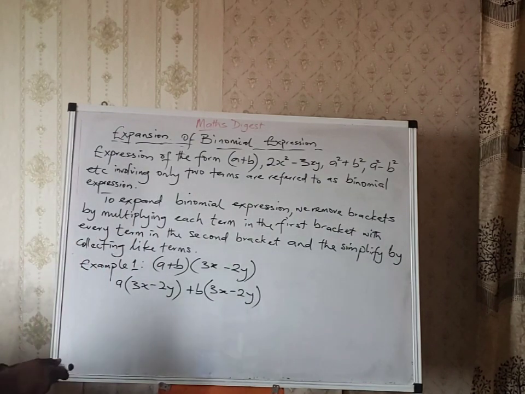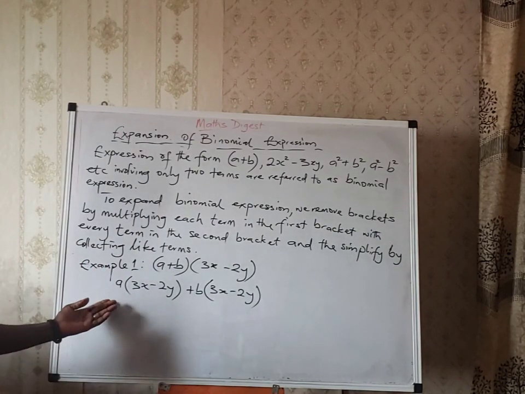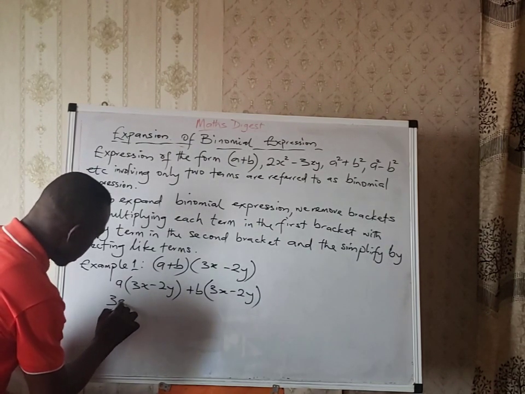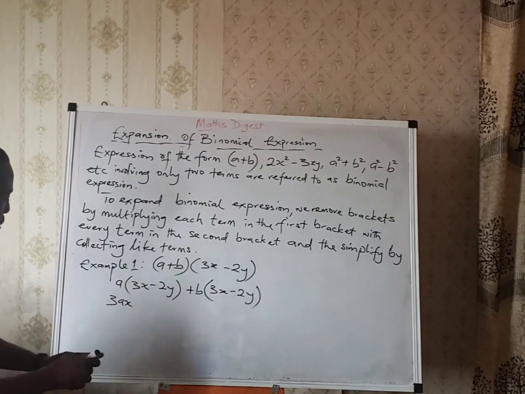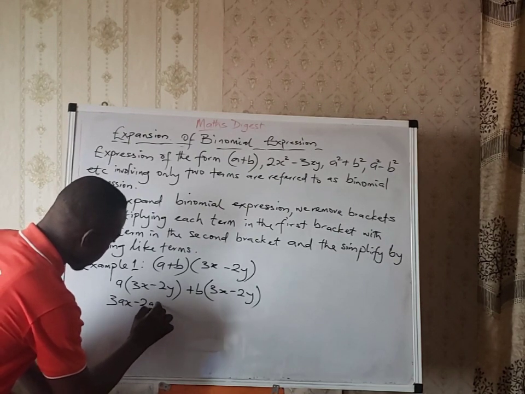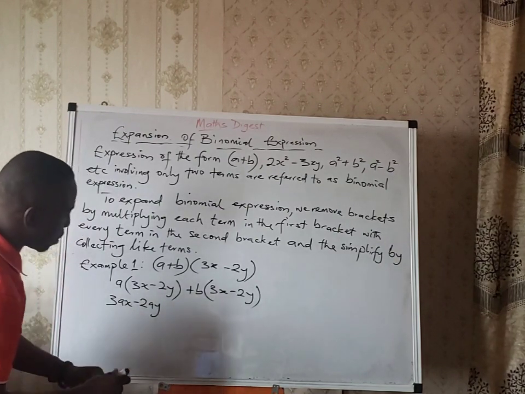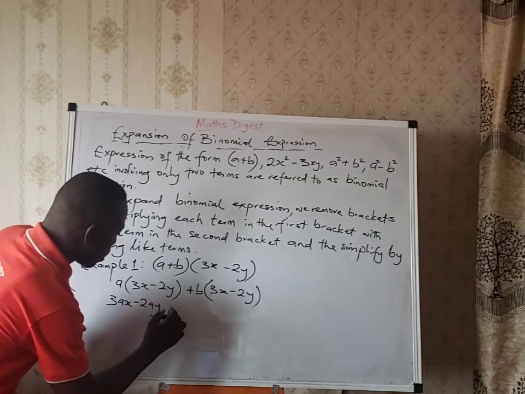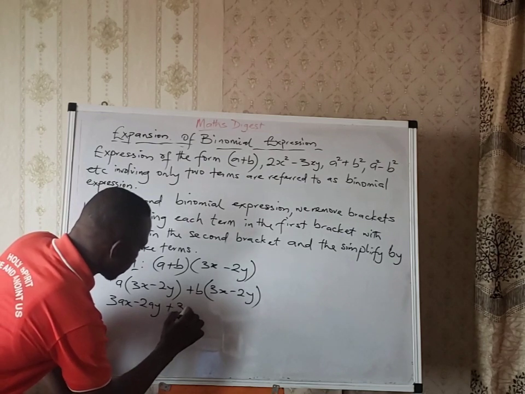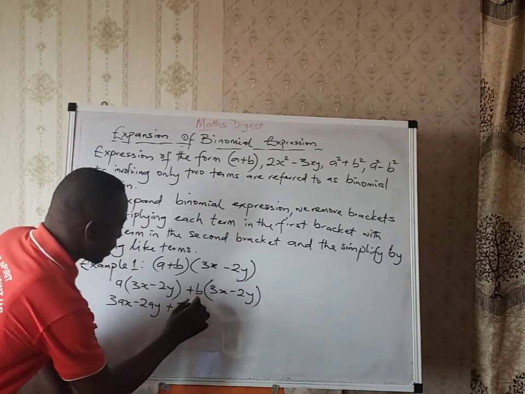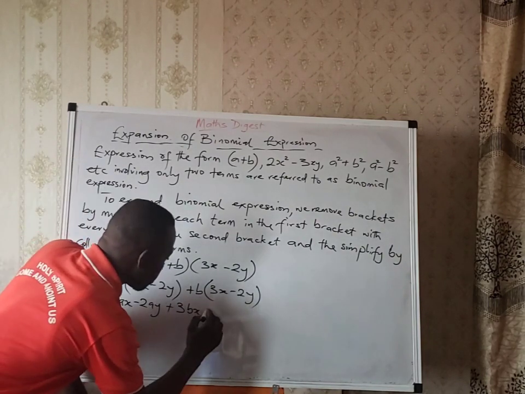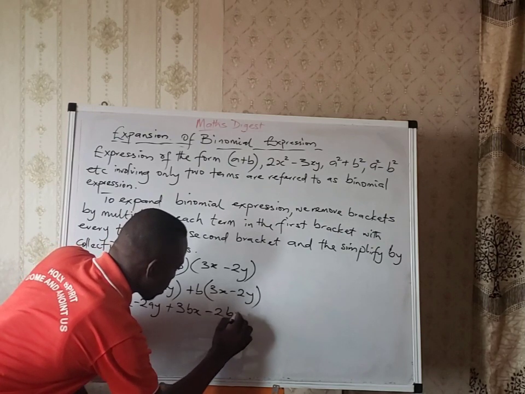Bracket closes. So a times 3x will give us 3ax, and a times minus 2y gives minus 2ay. We continue from this side: plus b times 3x, we have 3bx, and b times minus 2y, we have minus 2by.